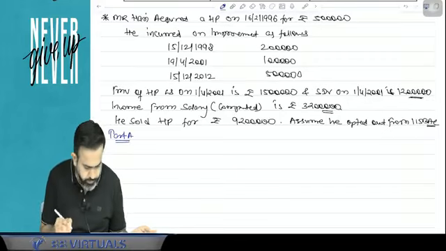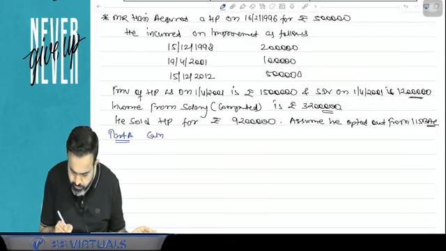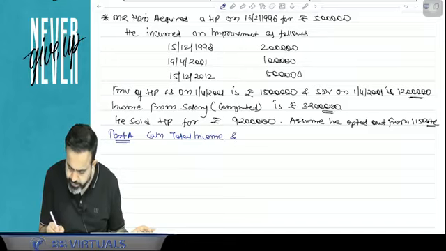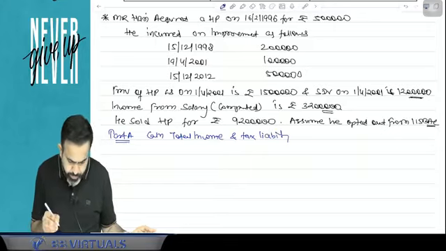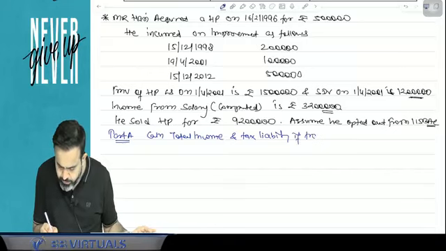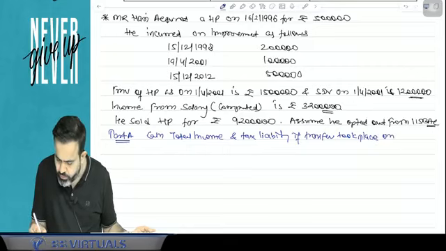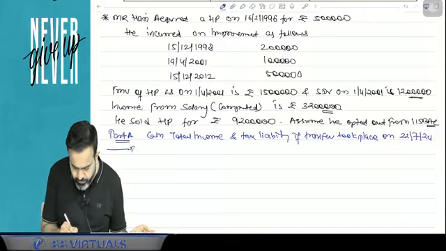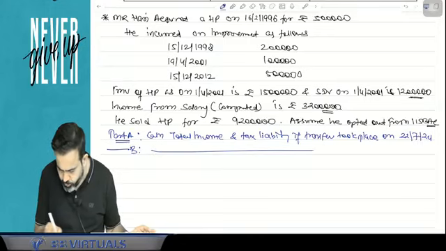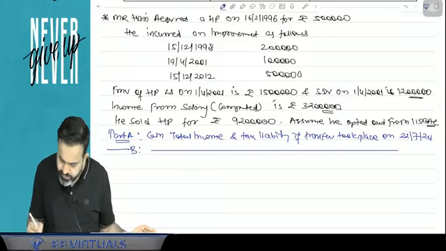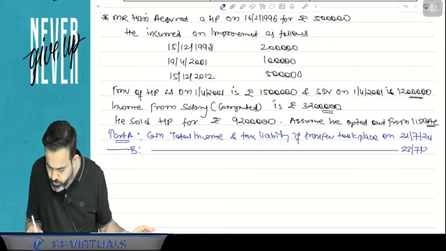Part A, calculate total income and tax liability if transfer took place on 22nd July 2024. And part B, calculate total income and tax liability if transfer took place on 23rd July 2024.